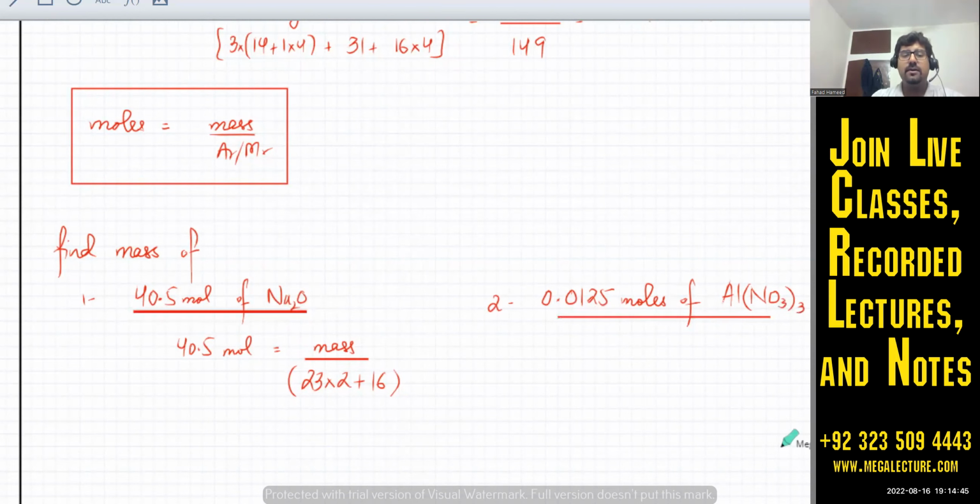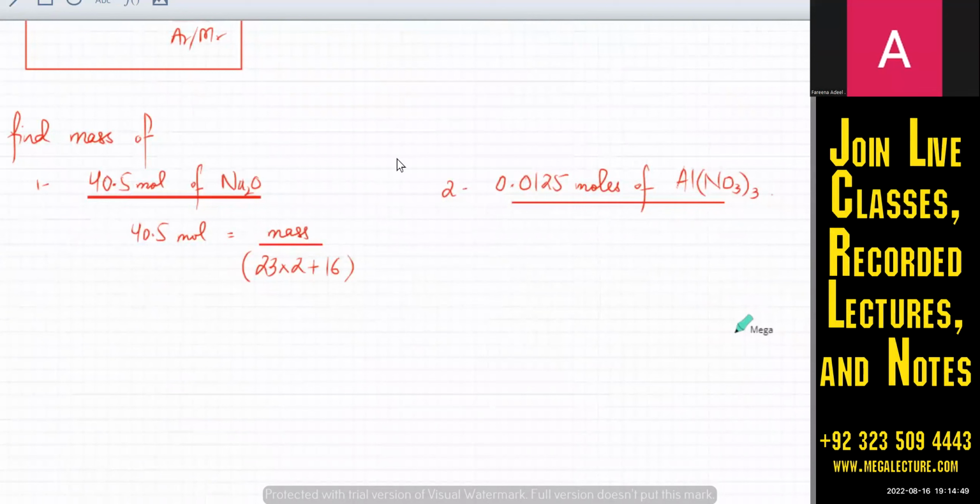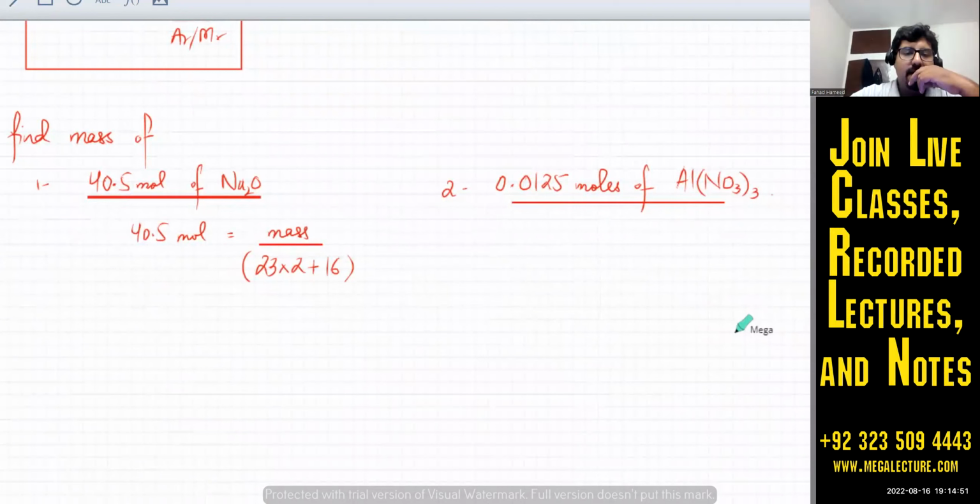Did anyone try this one? Zaya, Urwa, Noor, Ahad, Abdullah, can you tell me the answer for this one?